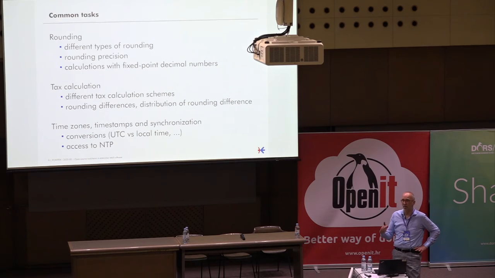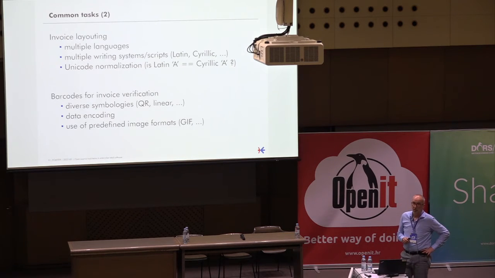In other words, you have to have a mandatory form of synchronization between your application and the server of the tax office. We struggle with and deal with multiple languages, multiple writing systems, things like Unicode normalization, okay? Not to forget that Latin A is not equal to Cyrillic A, right?